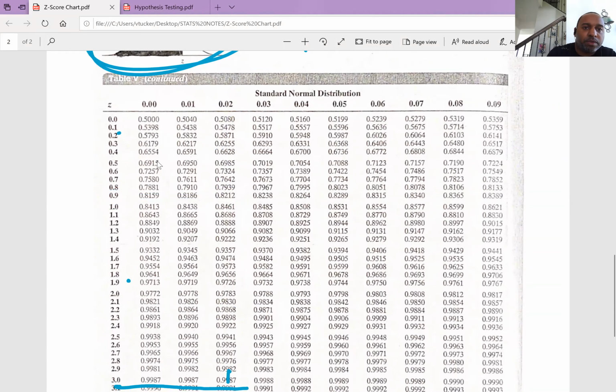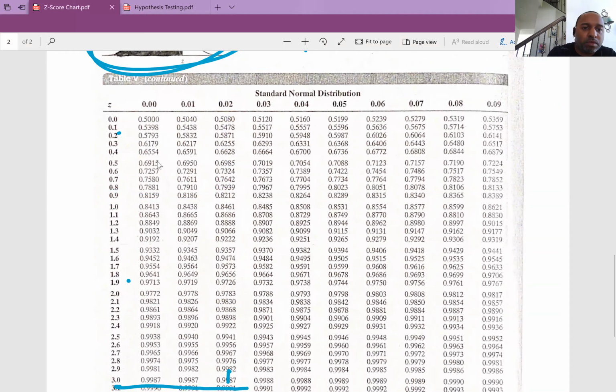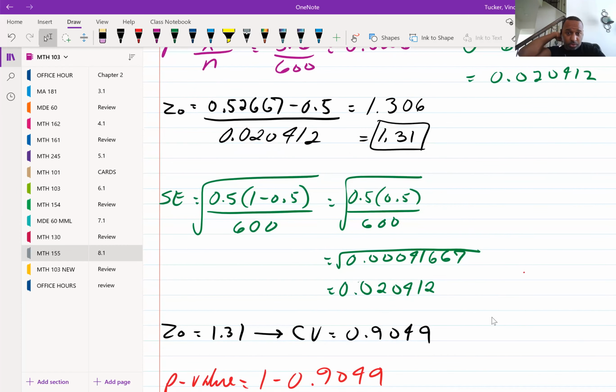So we got 1.3, 1.31. So that's 0.9049. All right, and so that's where I wrote the chart value.